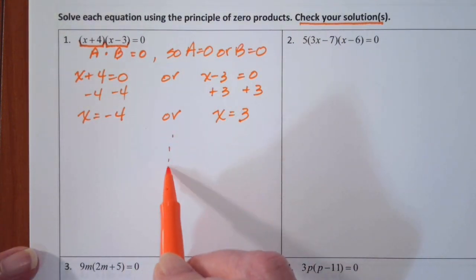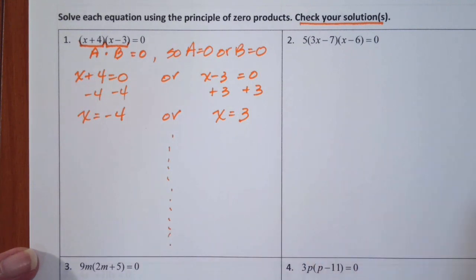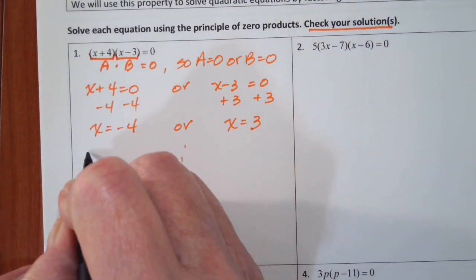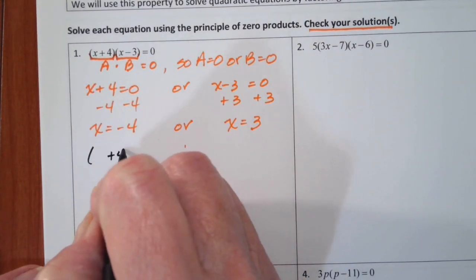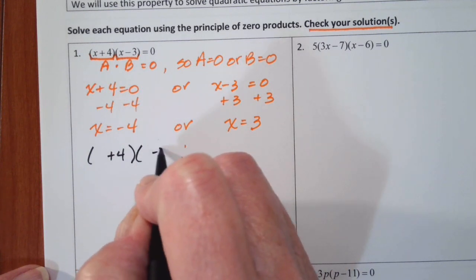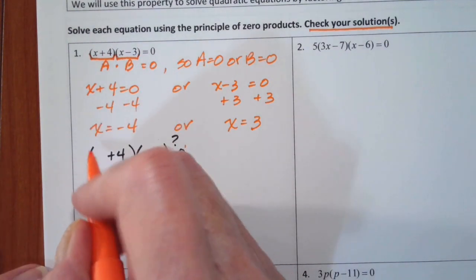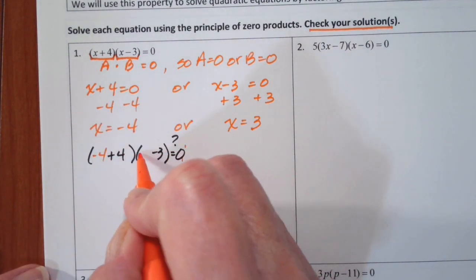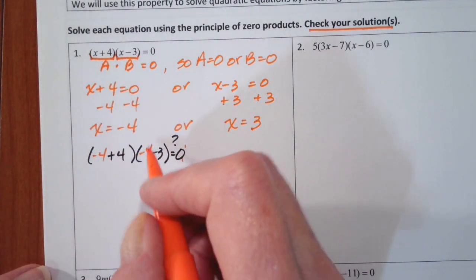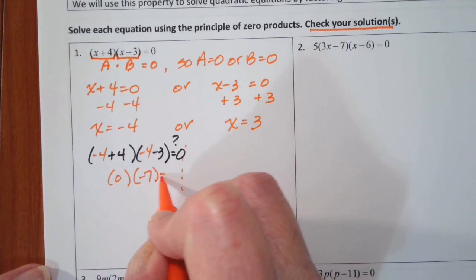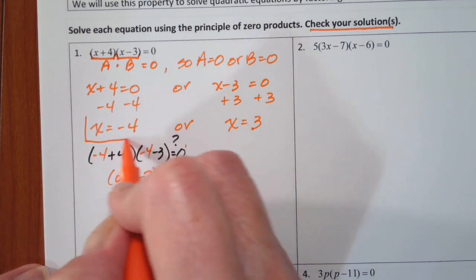Okay, so if I do this, what it means here is I'm going to replace x with negative 4. And I want to see if it's equal to 0. So negative 4 plus 4, negative 4 minus 3, that gives me 0 times negative 7. That does equal 0.